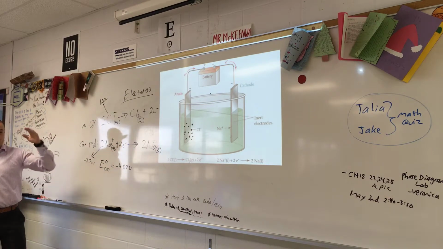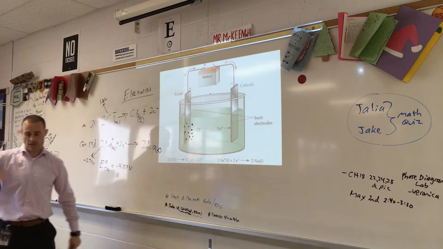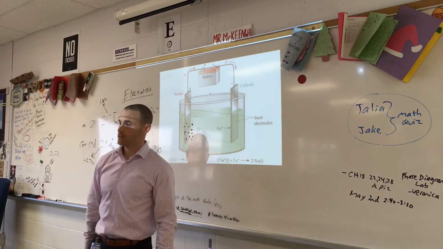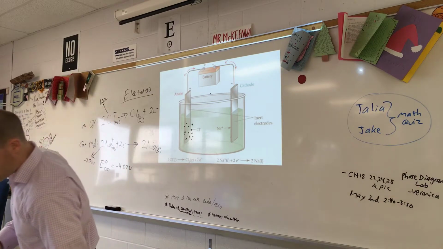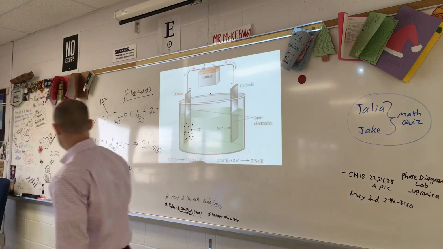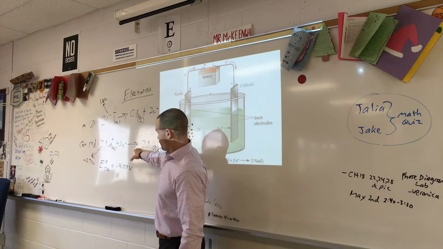All right. Look at your chart again. Which half cell is the lowest out of those two? Or which half reaction? Na, right? Na is pretty close to the bottom, and Cl is pretty close to the top. Right? So this is going to be the one that's reduced.